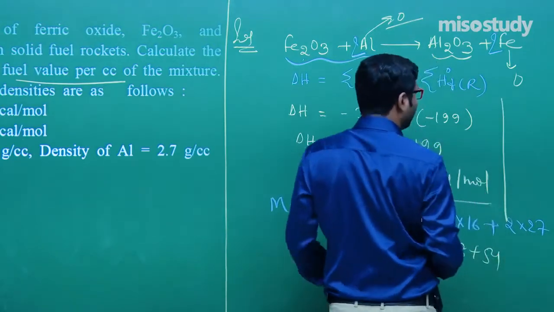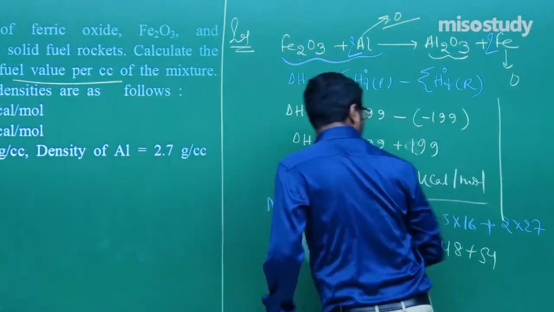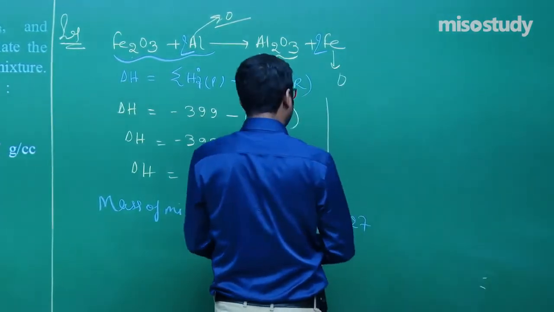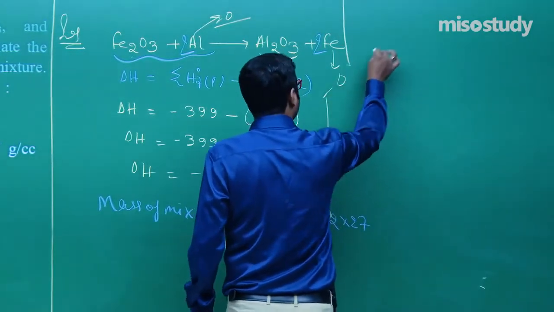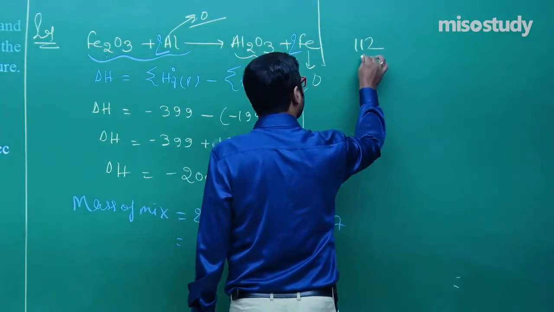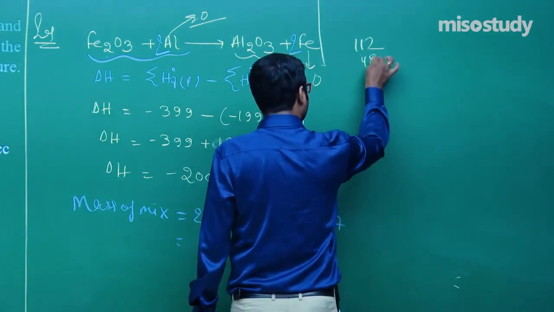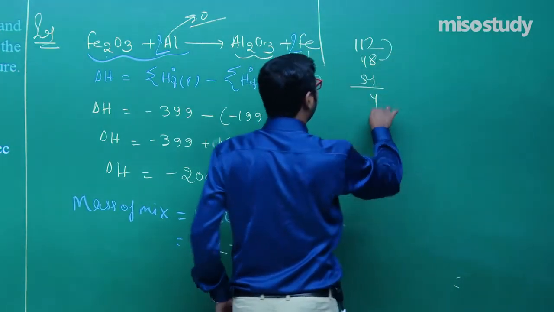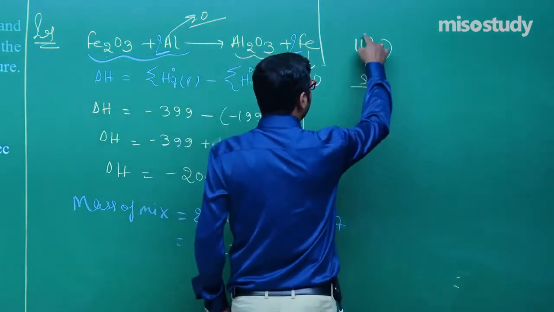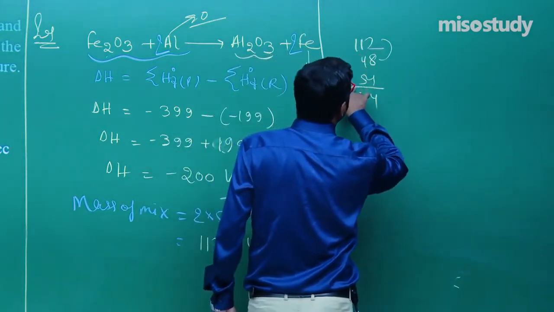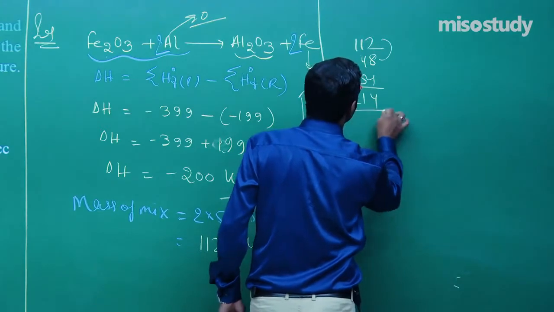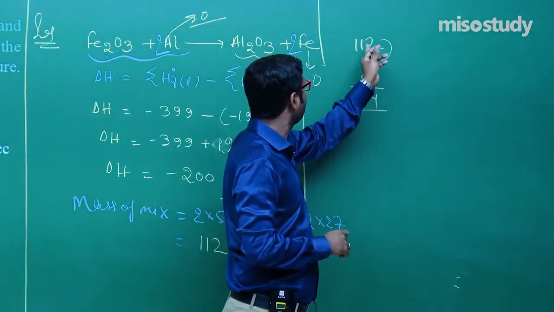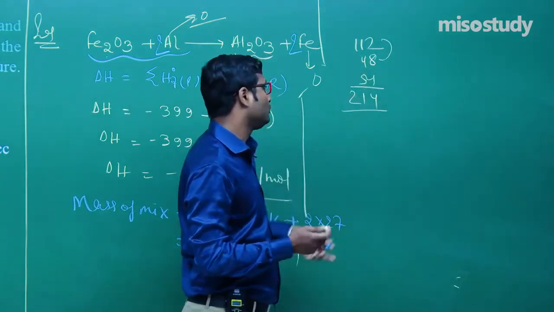Now tell me what is the exact sum. I am moving here, friend. Wait for a moment. Now in this case 112 plus 48 plus 54: 8 to 10, 14, 5 4 9, 10 1, 11 1 1 2, that is 214.